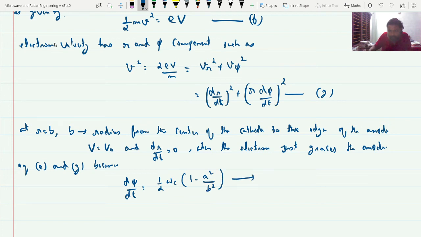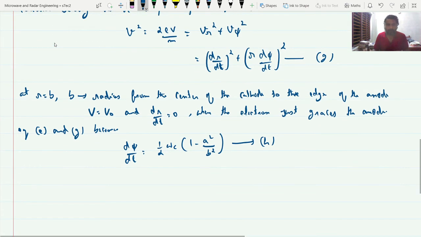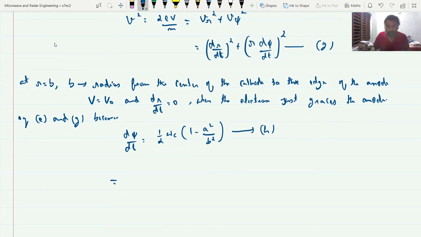Call this equation H. Okay, so that changes to b square d phi by dt square is nothing but 2e V naught by m. Call it as equation I.